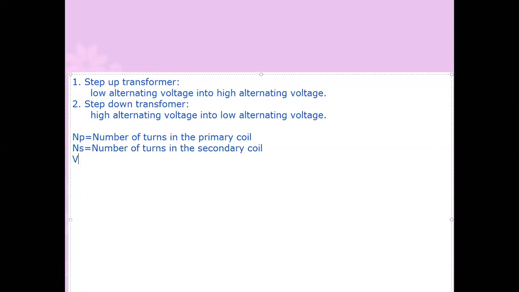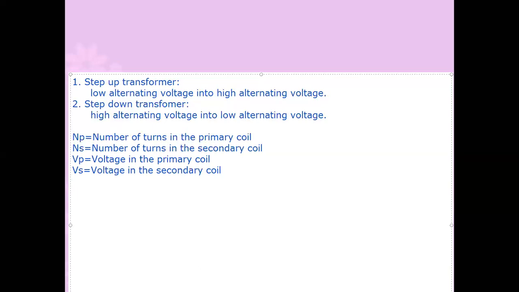Next one is Vp. Vp means the voltage in the primary coil. The next one is Vs, the voltage in the secondary coil.